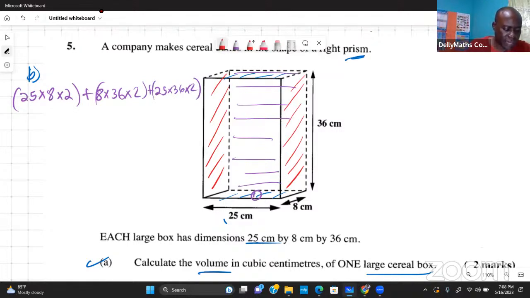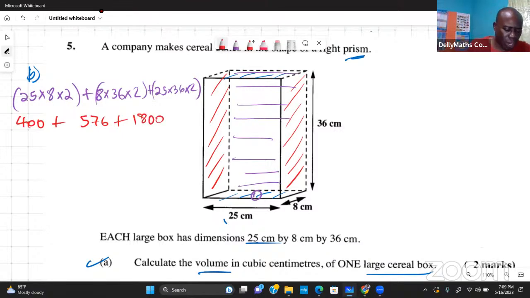Now let's put together the numbers so no error is being made. 25 times 8 times 2, that's about 400, I believe. Double check with me. 8 times 36 times 2, 576. Double check. 25 times 36 times 2, that's about 1,800. Yeah.